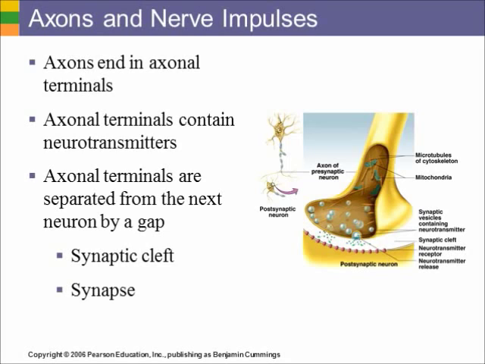Now, the way it works is this. When a nerve impulse comes down the axon, follow my pointer here, as the impulse comes down to the end of the axon, it's going to trigger these vesicles with the neurotransmitter to be released. The neurotransmitter goes into this gap right in here and binds to the next nerve cell.